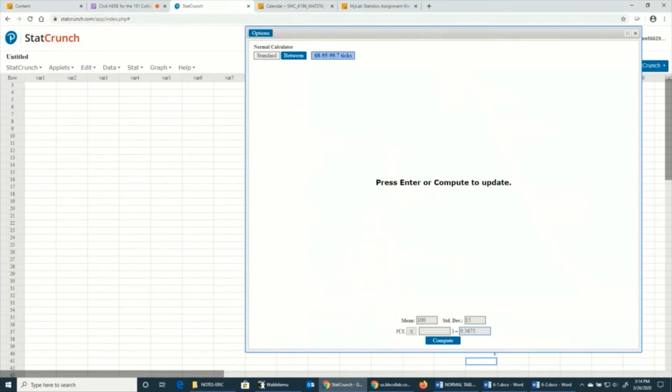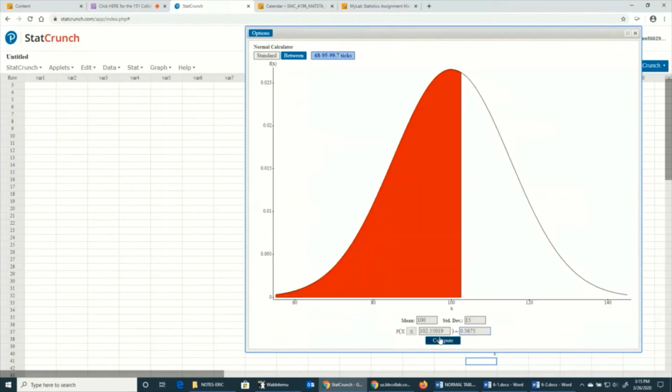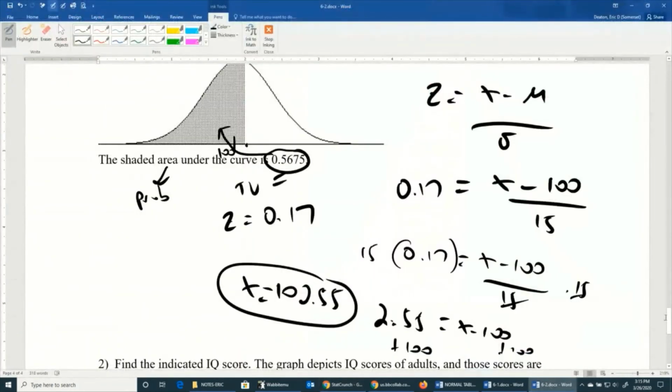Wherever this is, it is the data value. The reason I know it's a data value, or x value, is because of the mean and standard deviation. Once we make it 0 and 1, it's a z. If you leave it with real life numbers, it's an x. 102.55. Got that? Is that not wonderful?